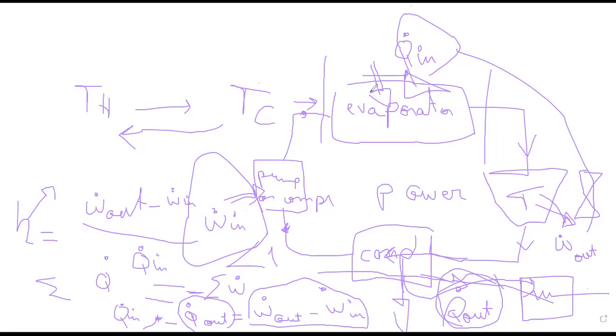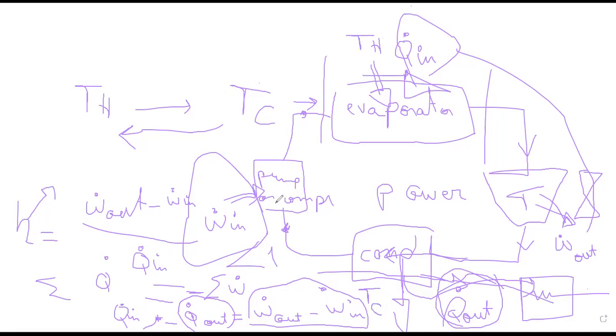For example, at the evaporator level, let's say the evaporator is in contact with a medium of high temperature, T hot. While the condenser will be in contact with an environment of lower temperature, T cold.